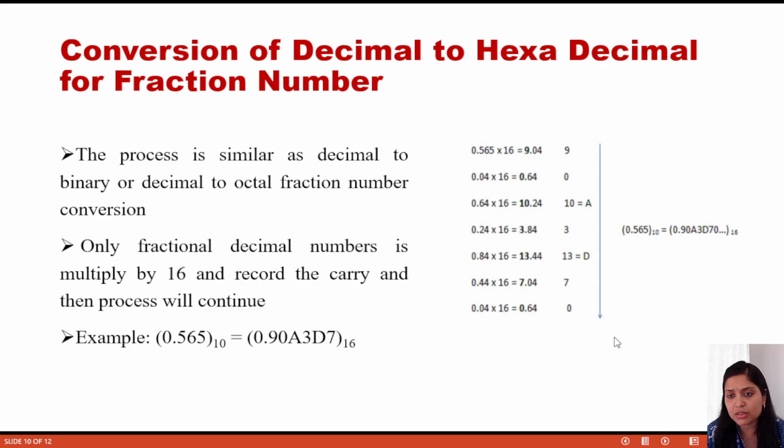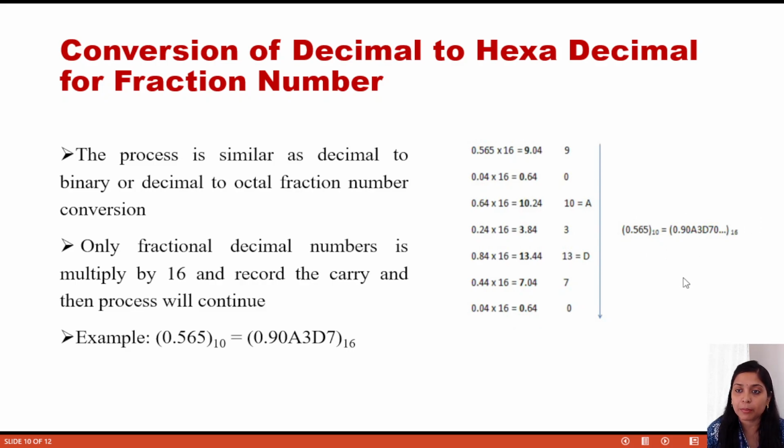In this way you have to continue almost 6 to 7 times. This is the decimal number 0.565, and you have to convert it into a hexadecimal number, so the result is 0.90A3D7, because at that time we go from upward to downward direction.